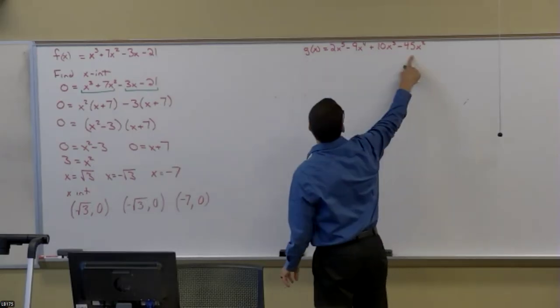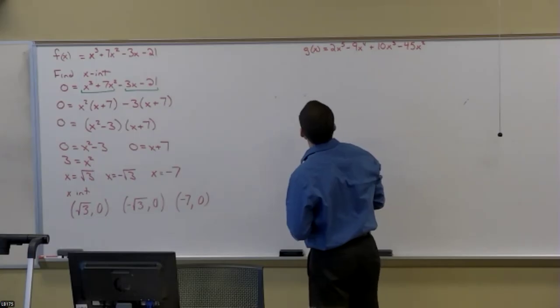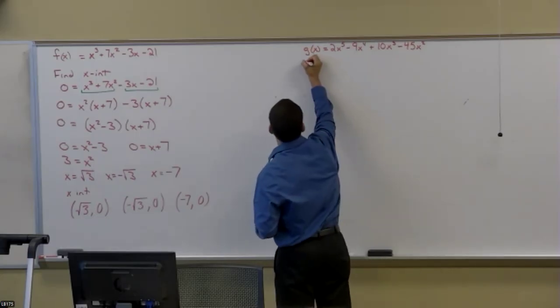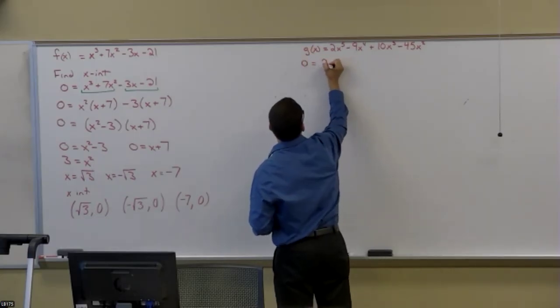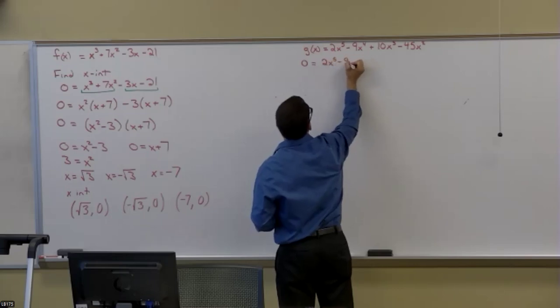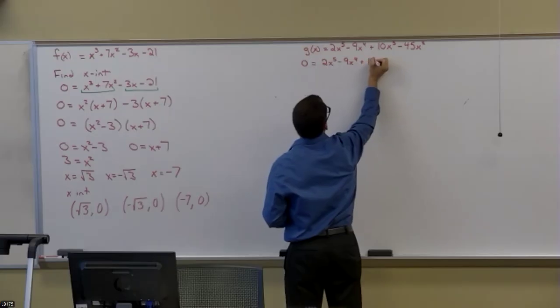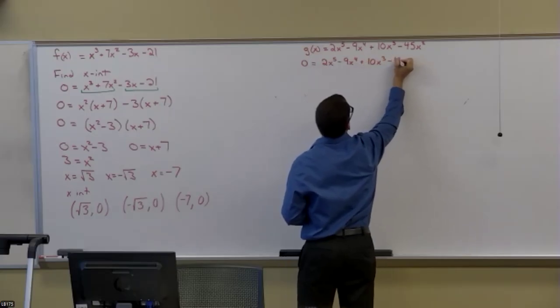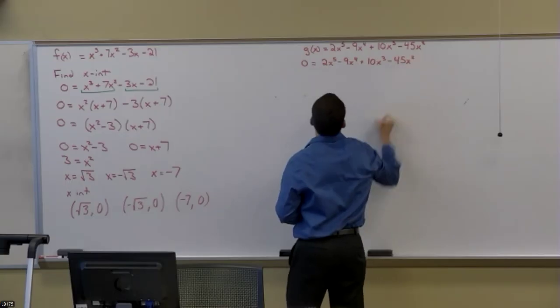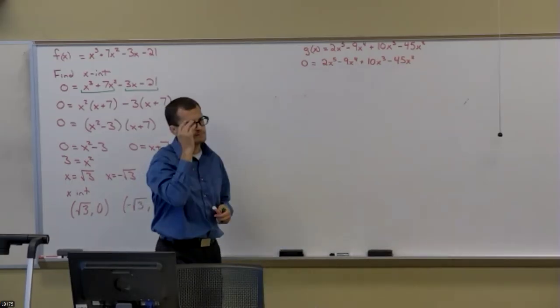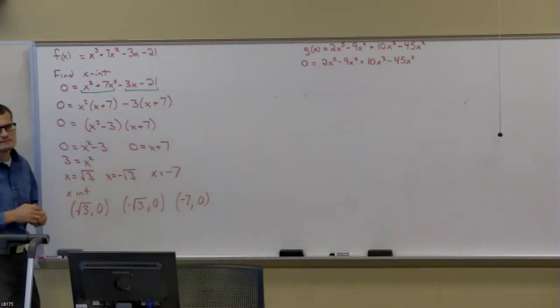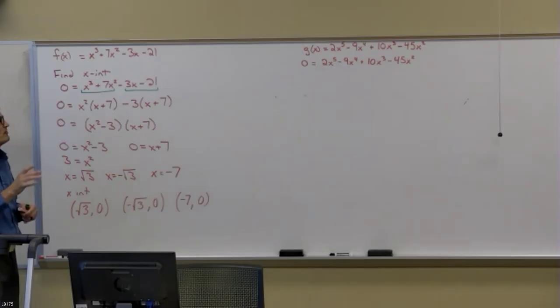Now for this function, if I'm trying to find the x-intercept, I'll set the left-hand side equal to 0. Before I do this pairing trick, what I would do is factor out the greatest common factor first.